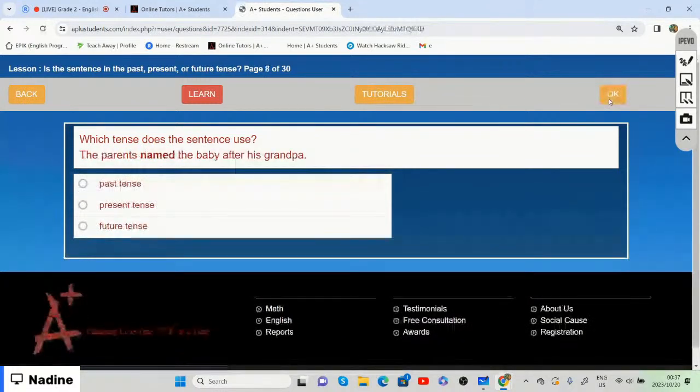Parents named the baby after his grandpa. The parents named the baby after his grandpa. So named. Is that the present tense, the past tense, or the future tense?